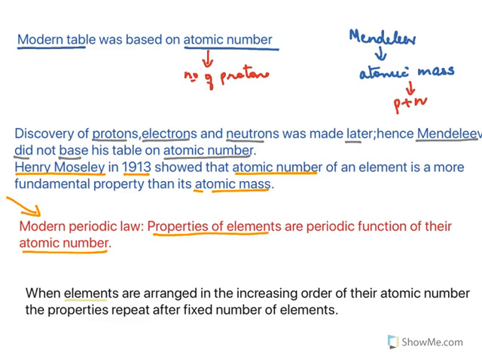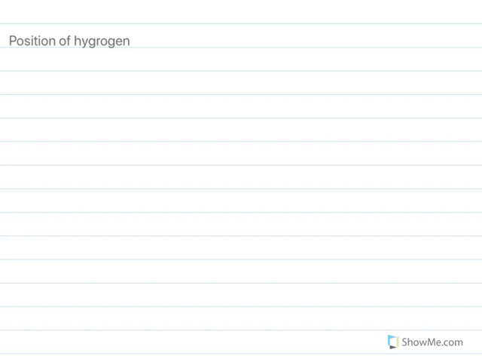An explanation of this is: when elements are arranged in increasing order of their atomic number, the properties repeat after a fixed number of elements. That is why the word periodic, which repeats again and again after a fixed amount of time or fixed amount of intervals.